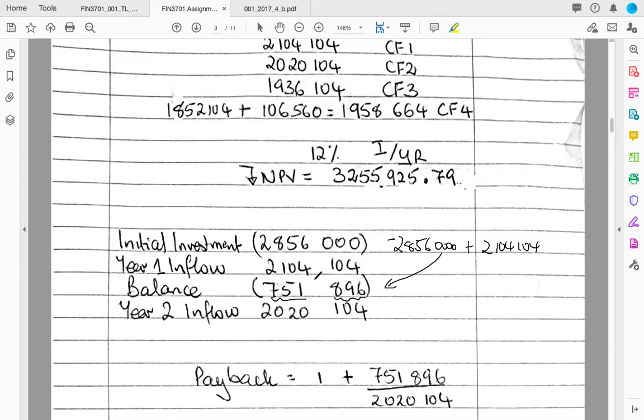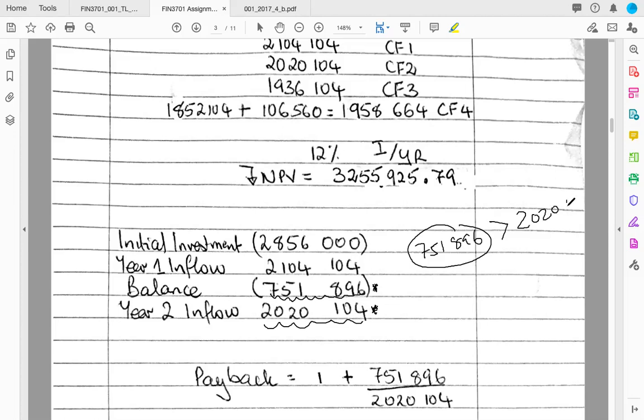And then after doing this, you check to see if this amount, 751,896, ignoring the negative, is greater than the year 2 cash flow.